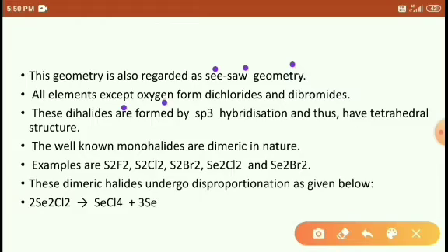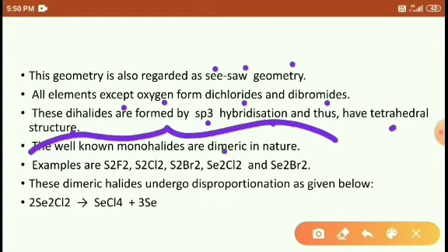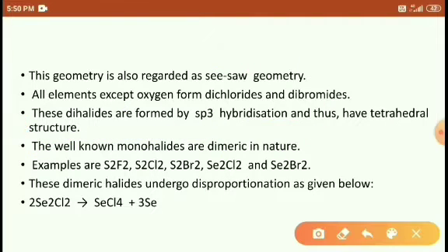All the elements except oxygen, the dichlorides and dibromides, form sp3 hybridization and have a tetrahedral structure. The well-known monohalides are dimeric in nature. Examples: Se2F2, Se2Cl2, Se2Br2. Right. So dimeric halides undergo a disproportionation reaction.